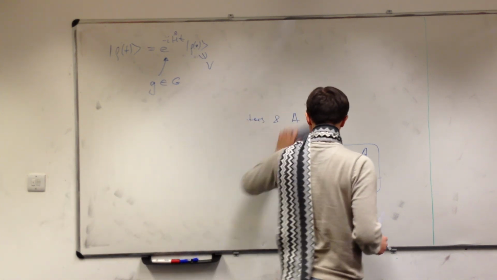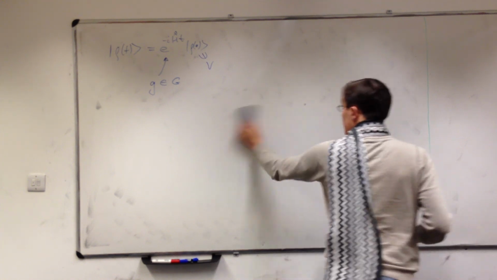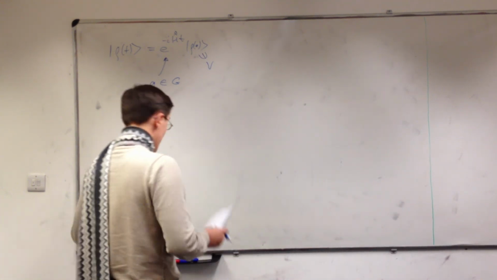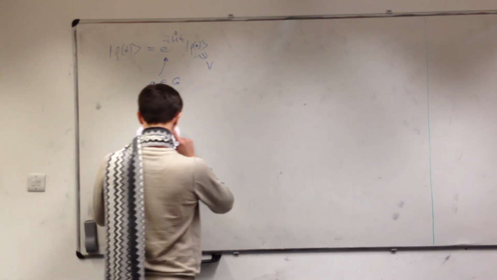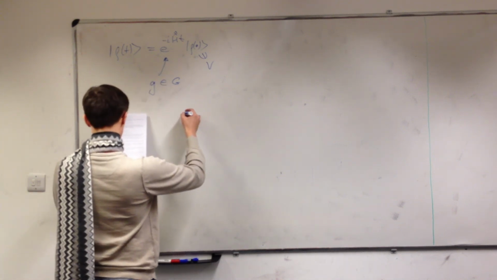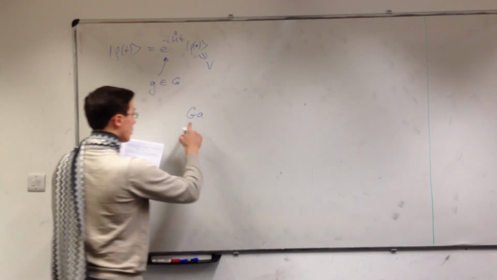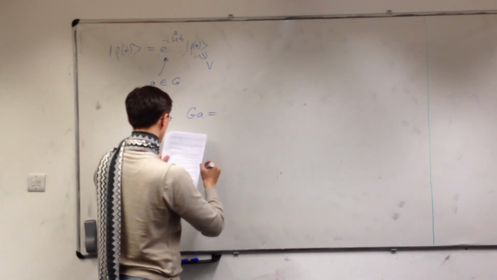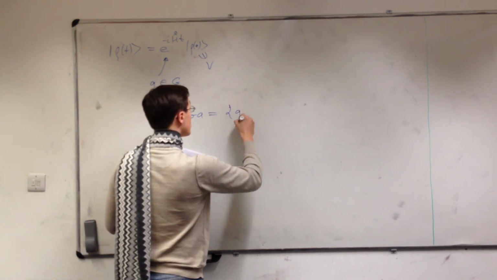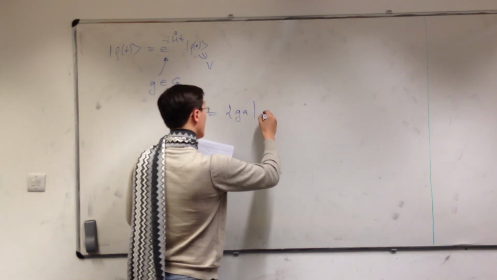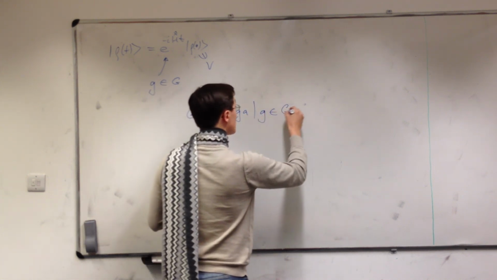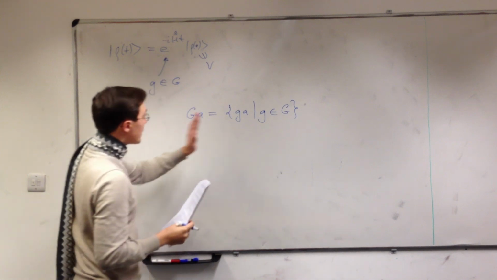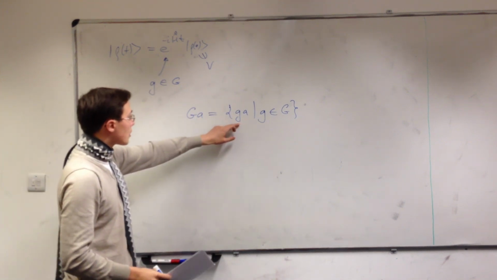So strictly speaking, if we have a group and we have a set acting on it, then an orbit is defined like that: GA, so group times an element of our set. The orbit of A under G is defined as GA, where G belongs to G. So the entire set of such results.